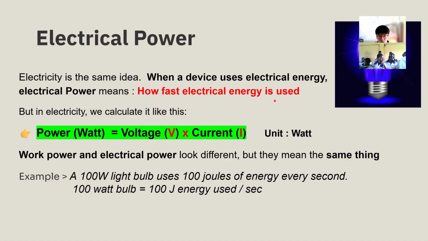But in electricity, we have a different equation. Although it is the same concept of work over time, in electricity you can also calculate power by voltage times current.